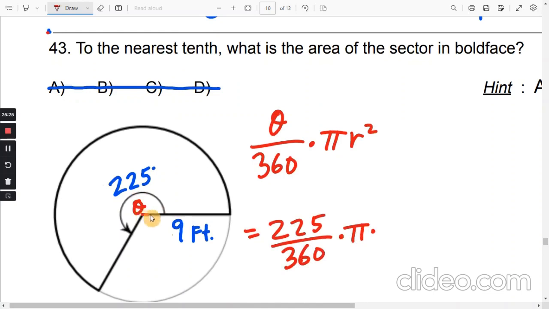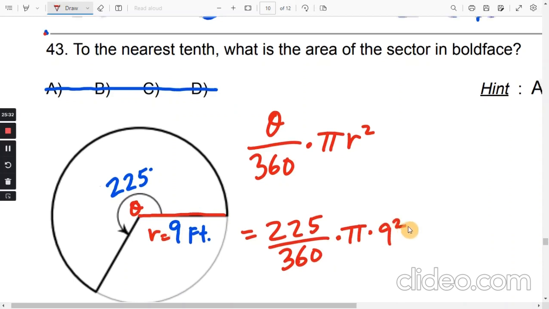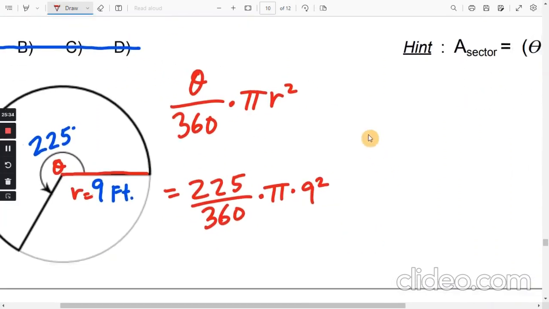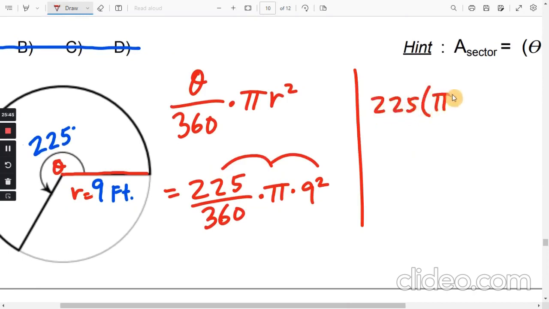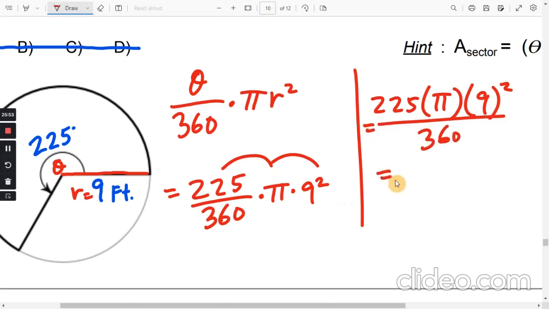The r is your radius right there. So that's going to be 9 squared. All right, I'm going to rewrite just so you're not confused, but these are both in the numerator with the 225. So it's 225 times pi times 9 squared. And that whole thing is divided by 360. All right, so I'll do the numerator first.